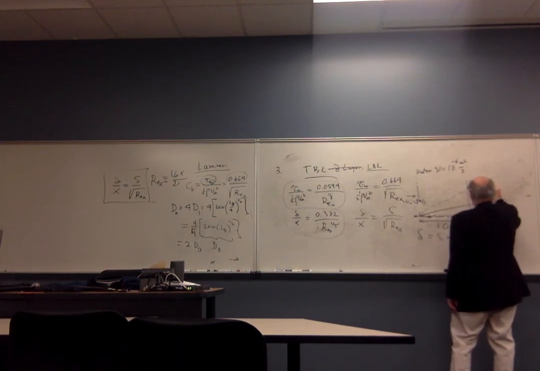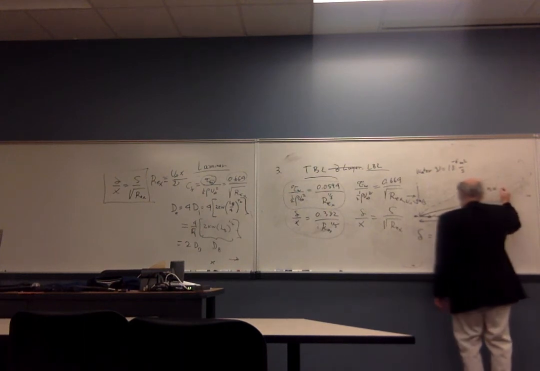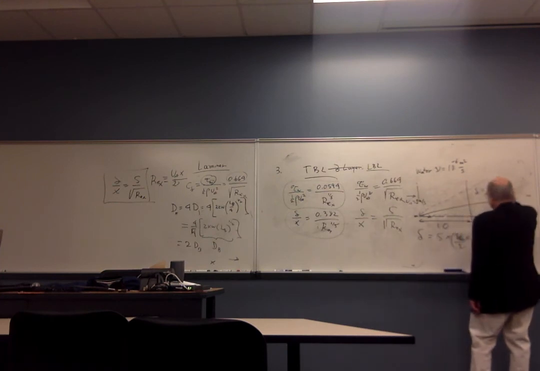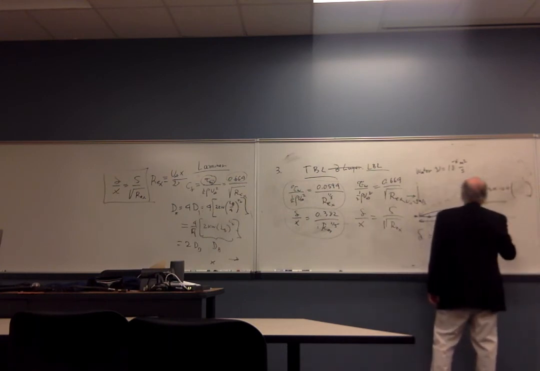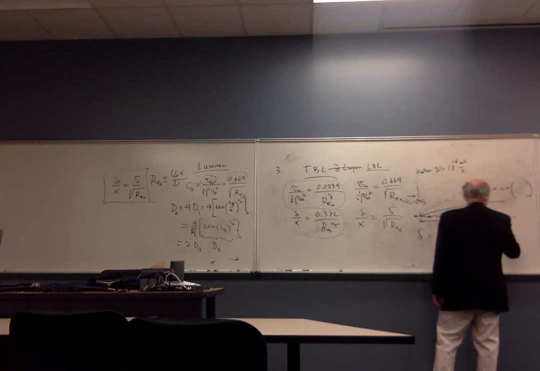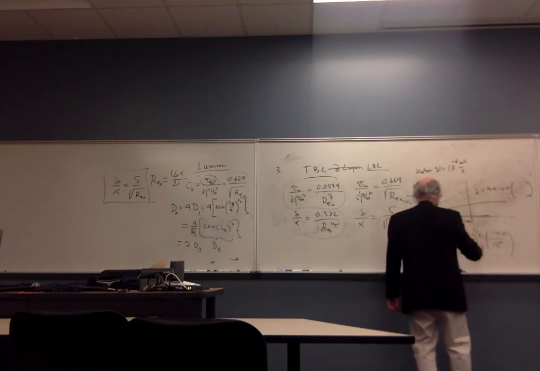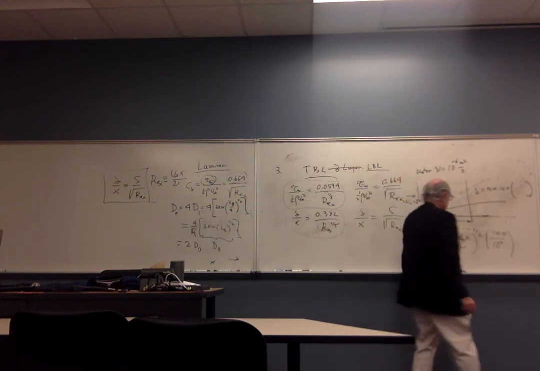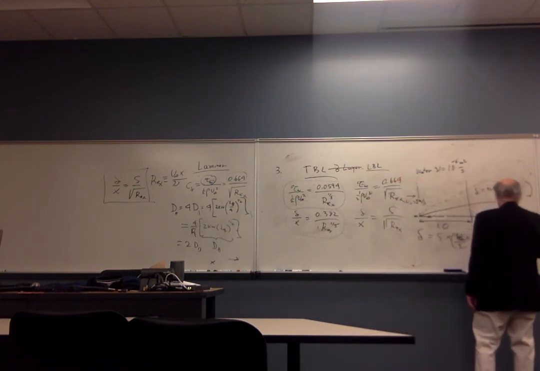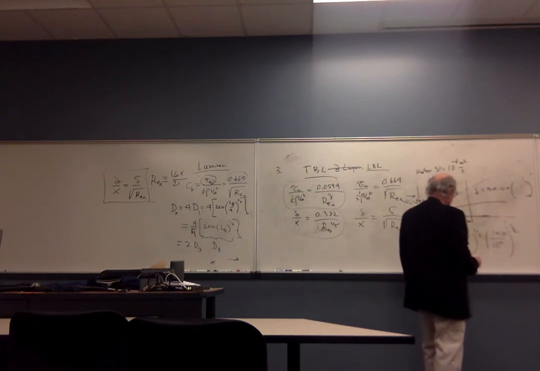Delta is 5 times 10 meters times the Reynolds number to the minus a half. I don't like the half there. Minus a half, right? Yeah. What is that going to be? The Reynolds number is 1 times 10 divided by 10 to the minus 6, which is 10 to the 7th.